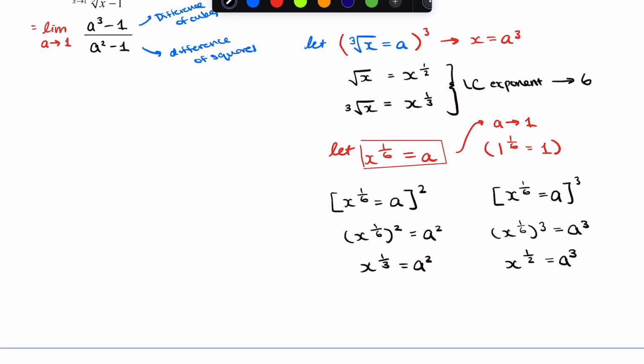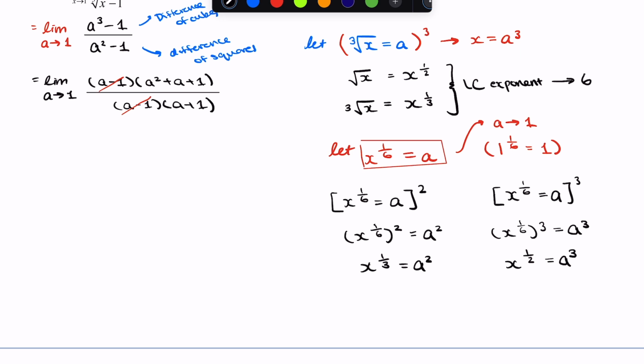So here, if we expand this, we get the limit as a approaches 1, a minus 1, a squared plus a plus 1 at the top of the numerator. And at the bottom, we get a minus 1, a plus 1. Here, we can cancel out a minus 1.